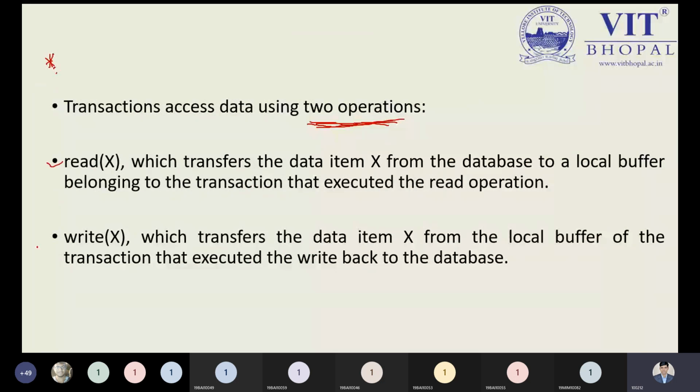So let us understand the concept one by one. Read X. Read is one operation, and what is X? X means some information or some data item we are passing over here. So read X transfers the data item X from the database.